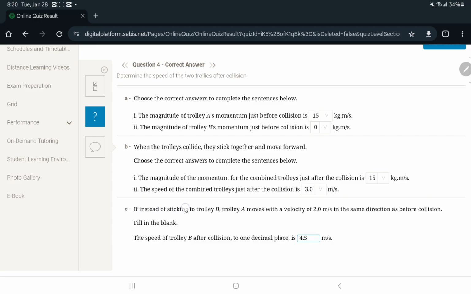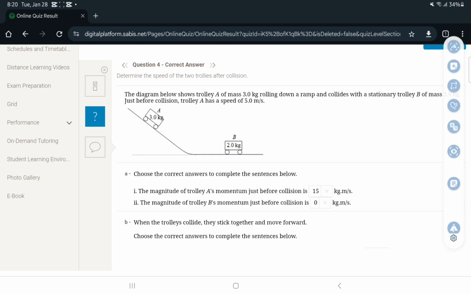Now they said, instead of sticking to trolley B, trolley A now moves with a velocity of 2 meters per second in the same direction as before collision, which means it's still positive. So in here they give us a scenario where the trolleys did not stick together.